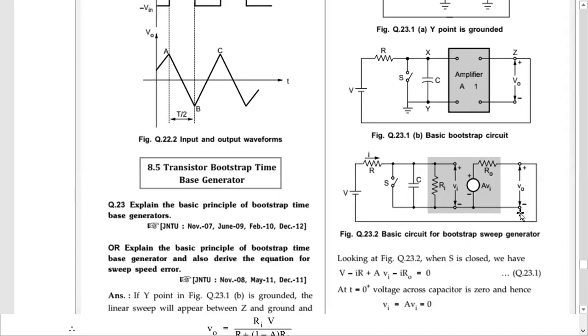We discussed that the current will flow in this path. So what is the net voltage across? Now R and Ri appear to be in series because the capacitor doesn't allow current to flow through it.